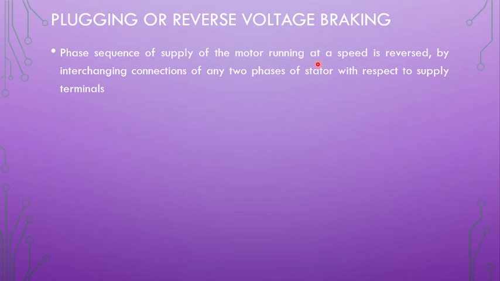Now suddenly when the motor is running and we have a necessity to stop it, or we need to apply the brakes in order to reduce the speed, then electrically we are interchanging the connection of any two phases. Let us say the RYB phase supply is connected to the R, Y, B windings of the motor, then the connections to the Y and B windings are reversed.